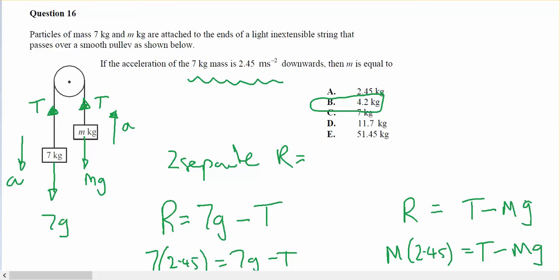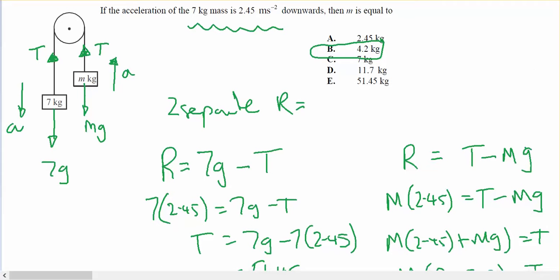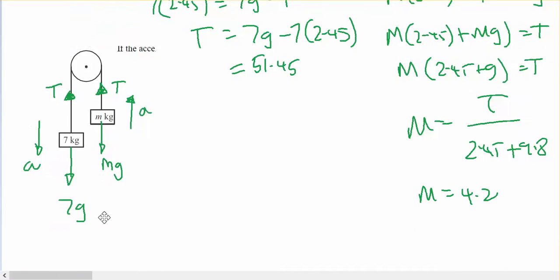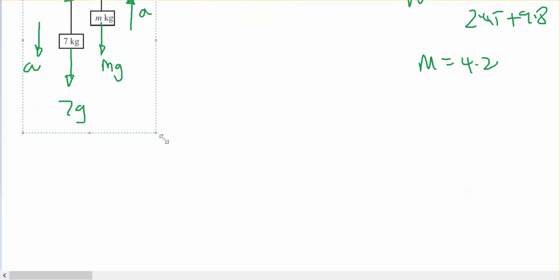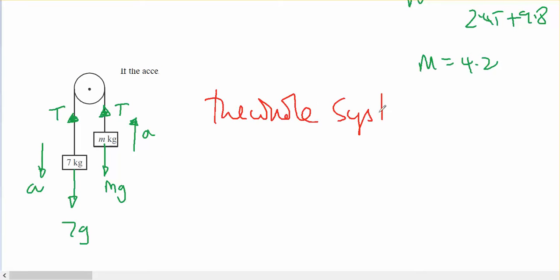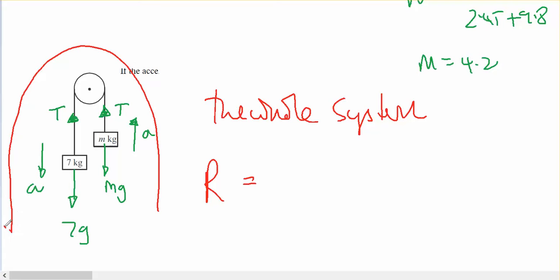Now, this question could have been done looking at the whole total system. So if I consider this, and I'm looking at the total system, the resultant force in the direction of motion will be any forces in the direction of motion, and the direction of motion is that direction.